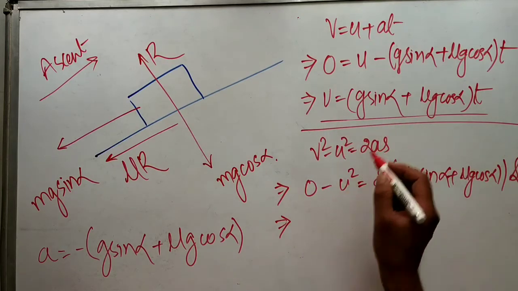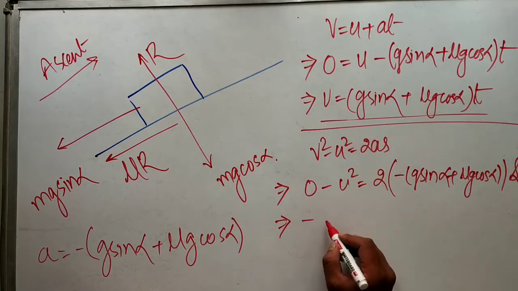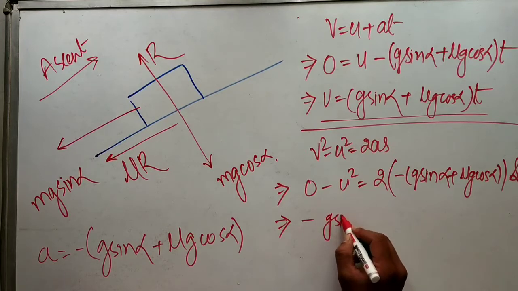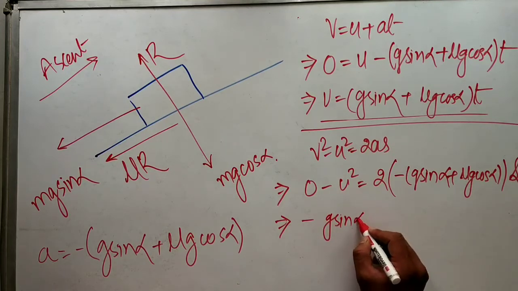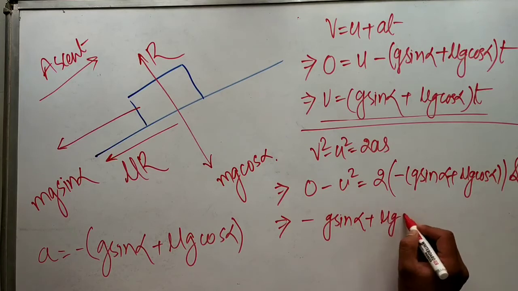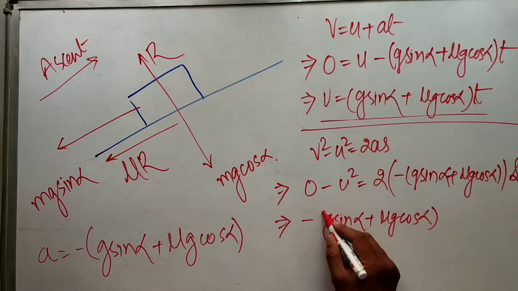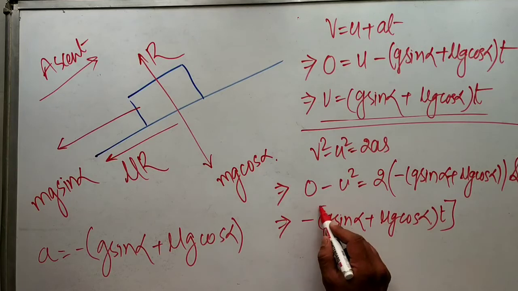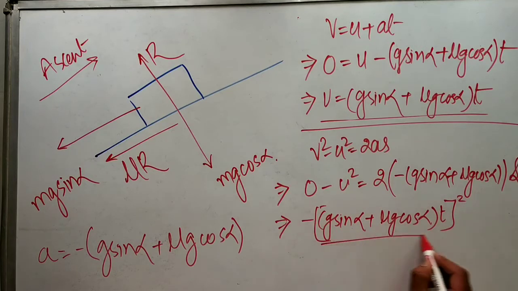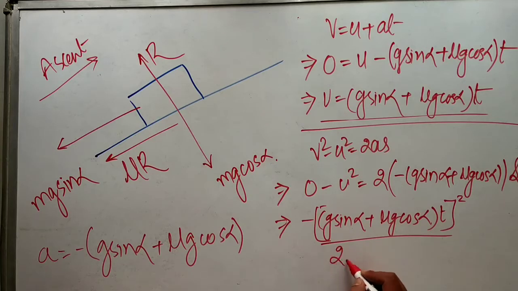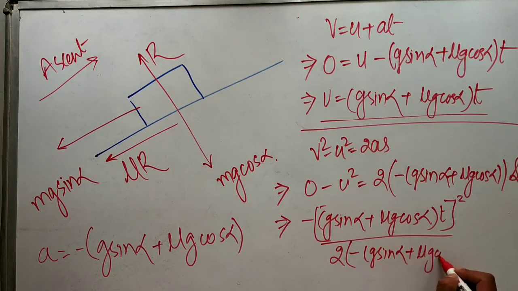We can put u here, which will give us g sin alpha plus mu g cos alpha times t whole square divided by 2 times minus of minus g sin alpha plus mu g cos alpha equals s.